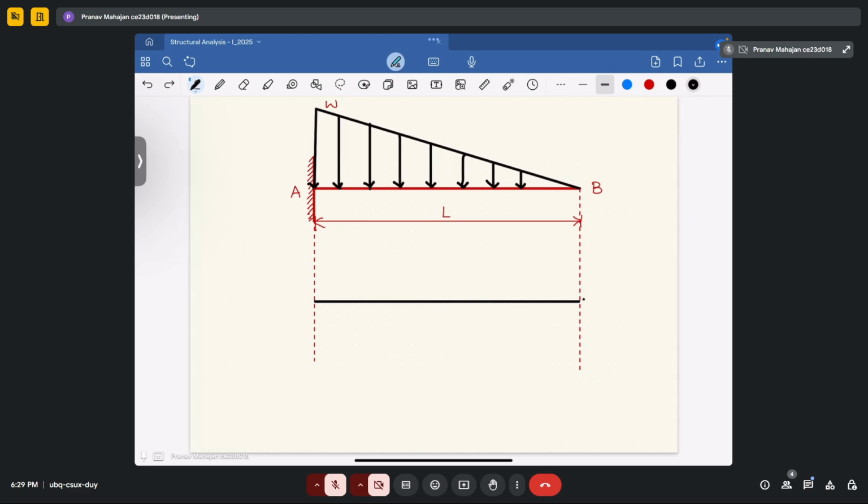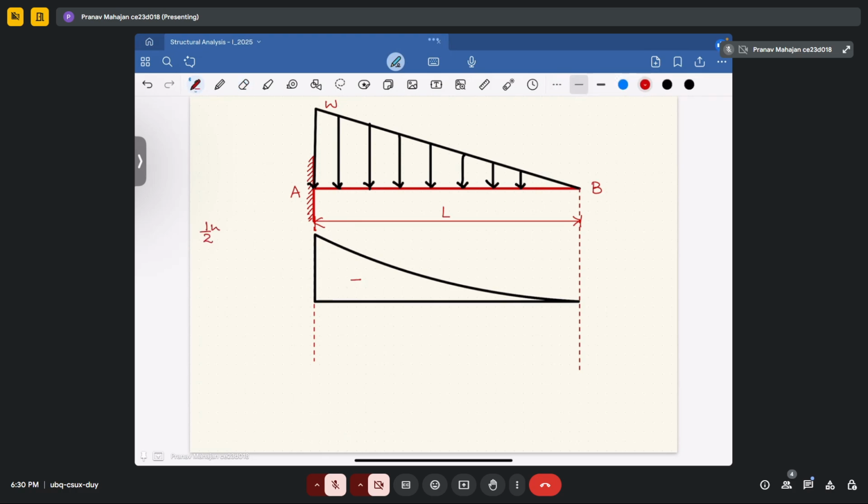Yeah, now it's fine. If I write here the maximum value, since it is providing the hogging moment, the value will be negative.